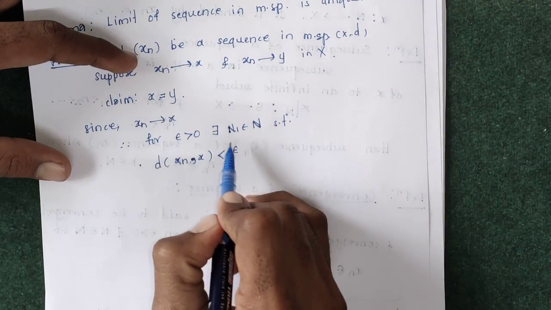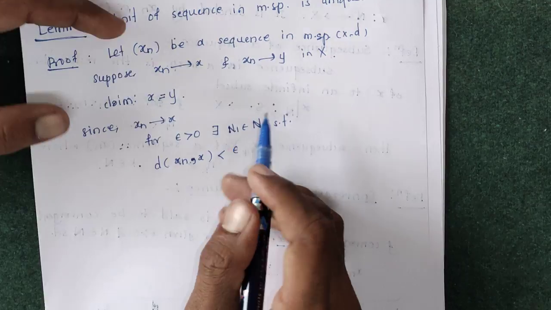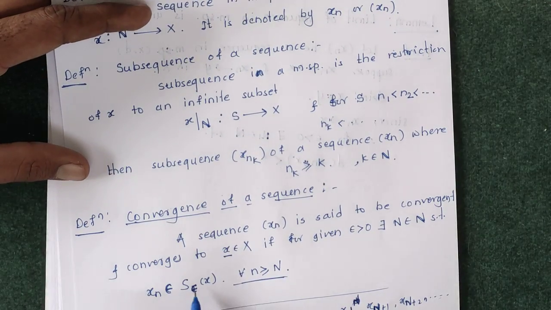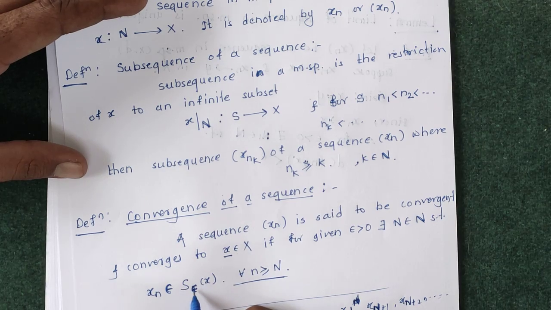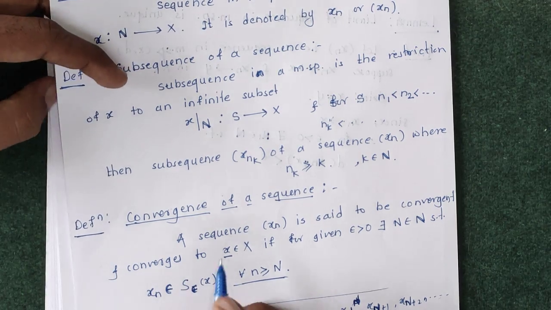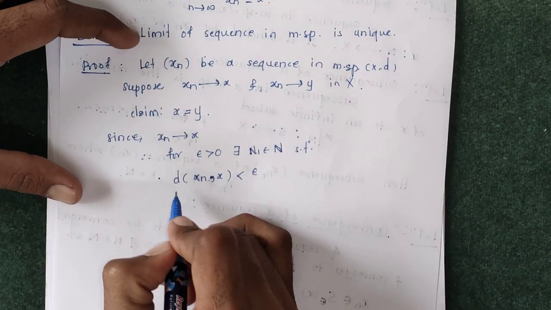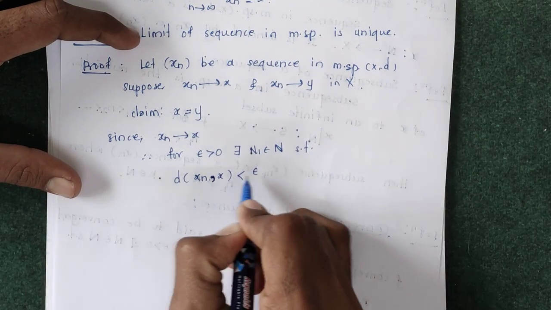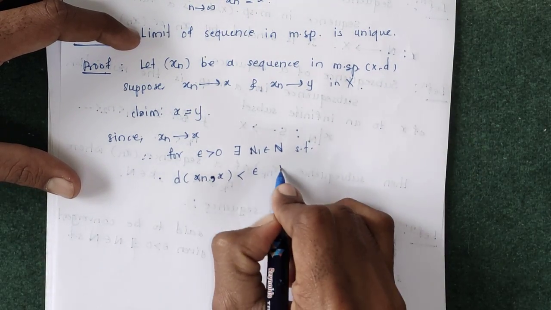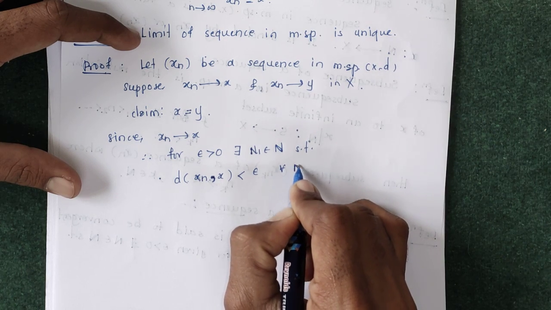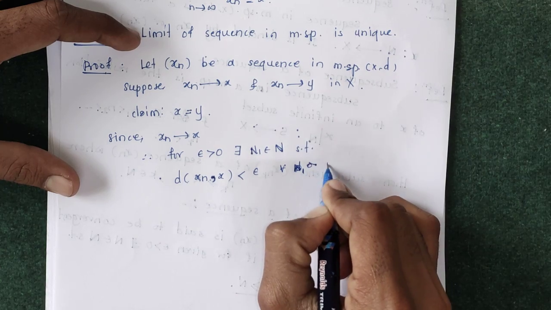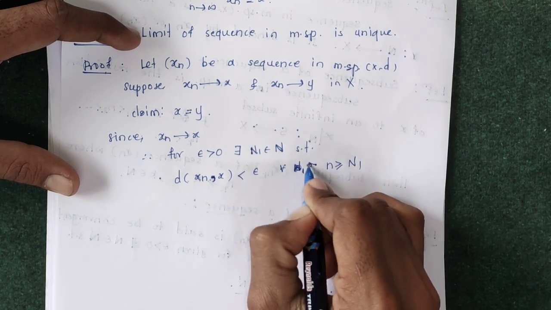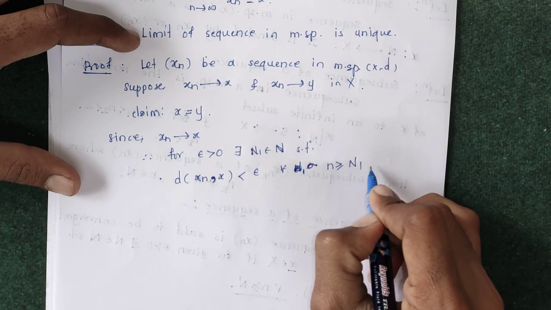So that xn belongs to S epsilon of x. This means the distance of xn and x is less than the given epsilon by definition of open sphere. So directly writing, the distance of xn with x is less than epsilon for all n greater than or equal to n1.